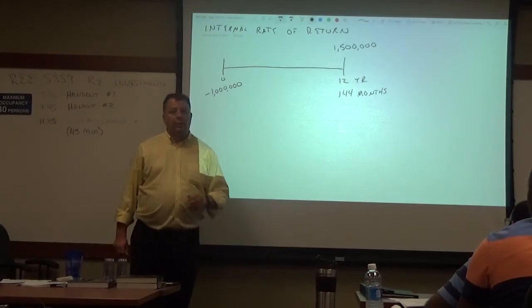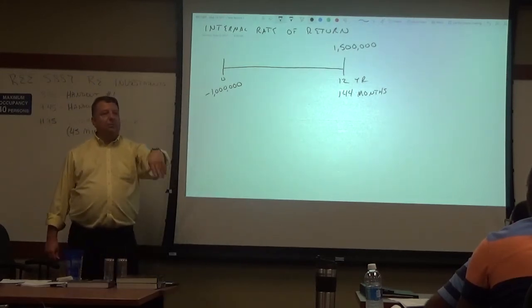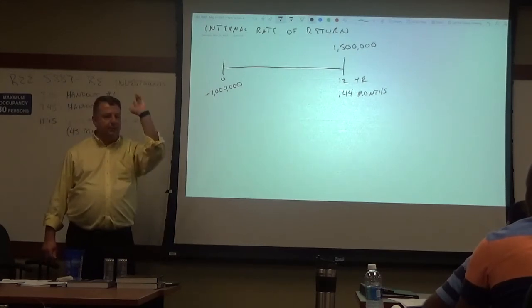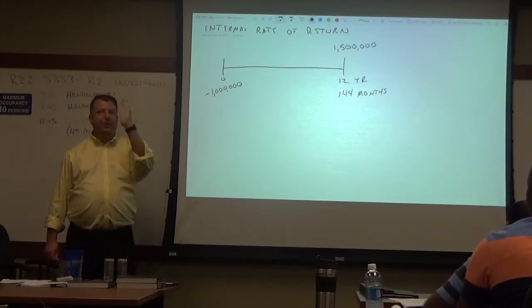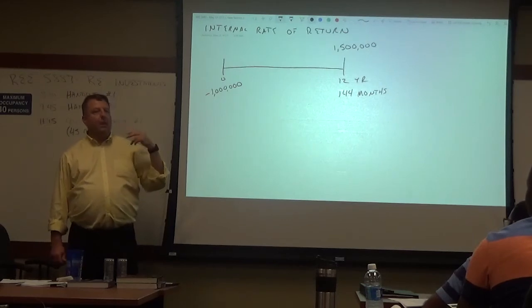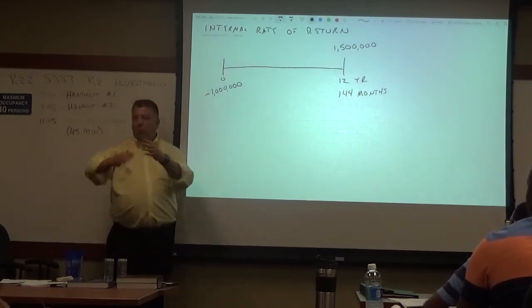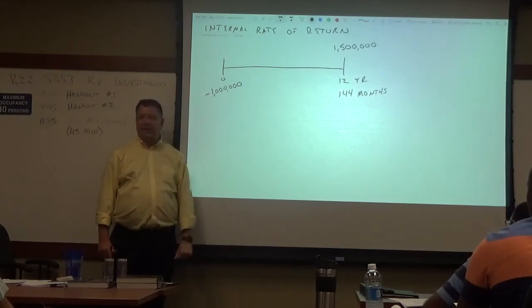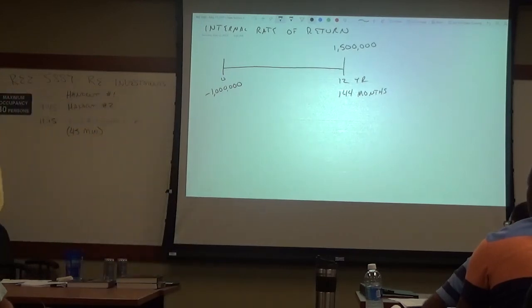Okay? So, but 100,000 divided by 12 is going to be what? 8,333 or something like that, okay? Now, you tell me, what number do you want to use for your monthly income? Monthly income. 7,000. 7,000, okay? So that's going to be a positive that you're going to be receiving for that 144.